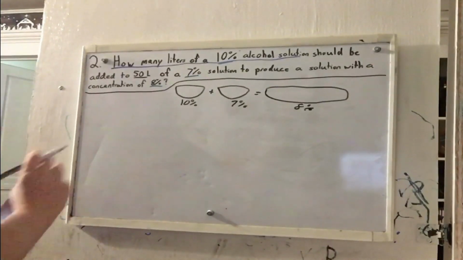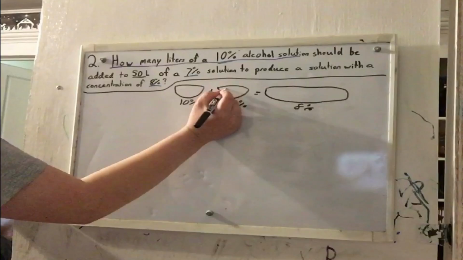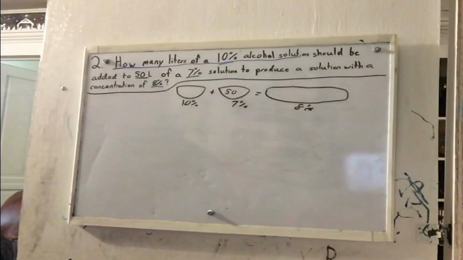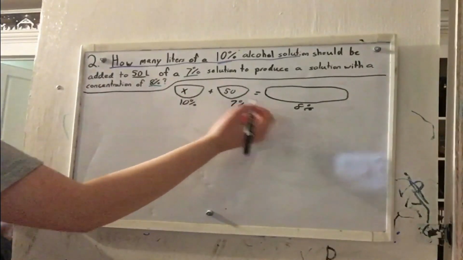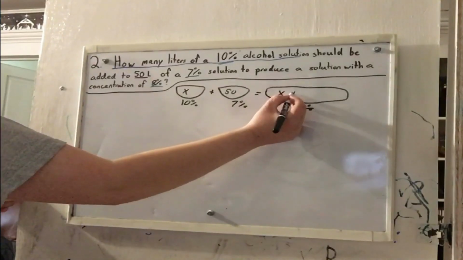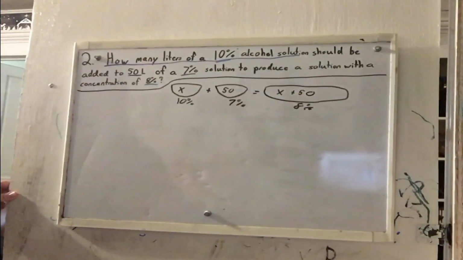Okay, and then we have 50 liters of the 7%. And that's all we know. So we're going to add x here. And then x plus 50 is equal to this. Now we're going to solve it.